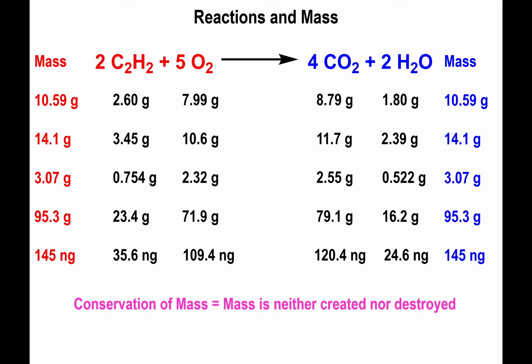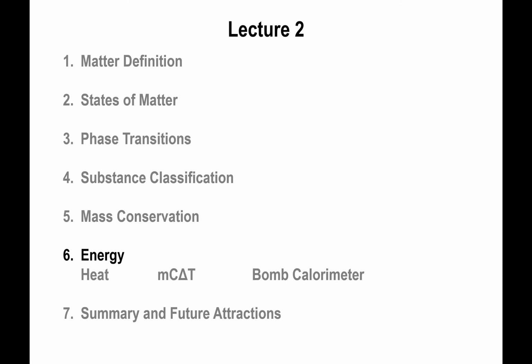All you have really accomplished is that you have shuffled about your elements among each other, yielding new molecules. But the overall mass hasn't changed, and this is what we call the conservation of mass. The mass is neither created nor destroyed. It can be exchanged from one substance to another, but the overall mass remains constant. So it's an interesting concept in chemistry.